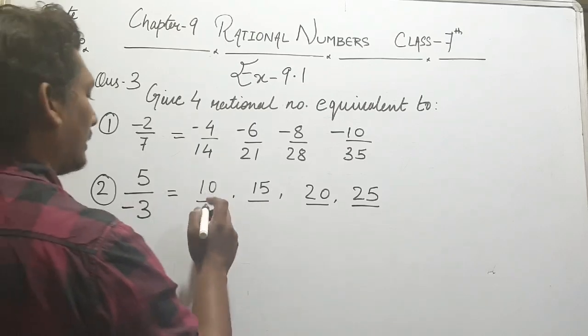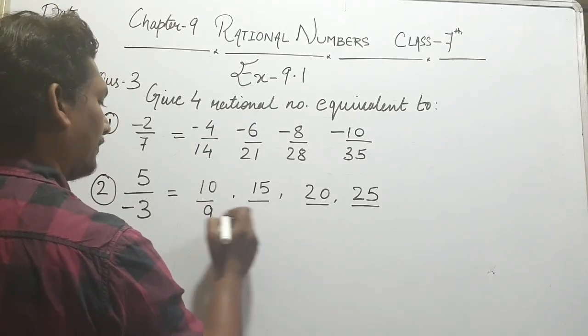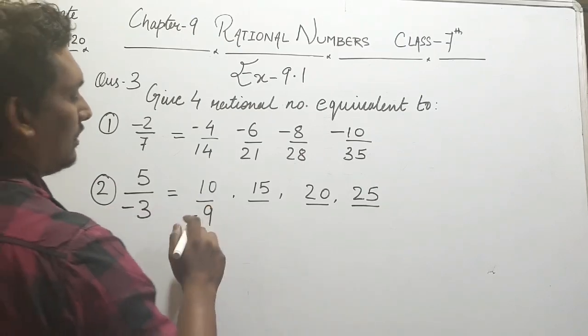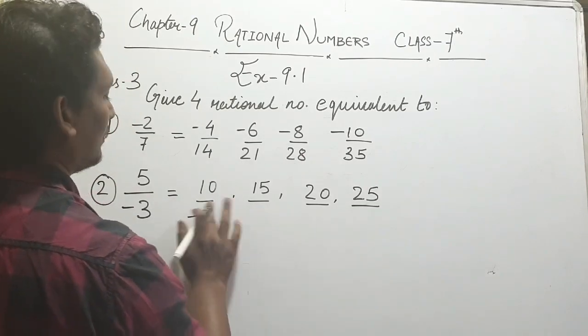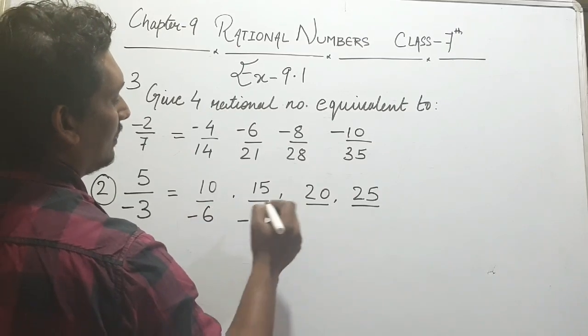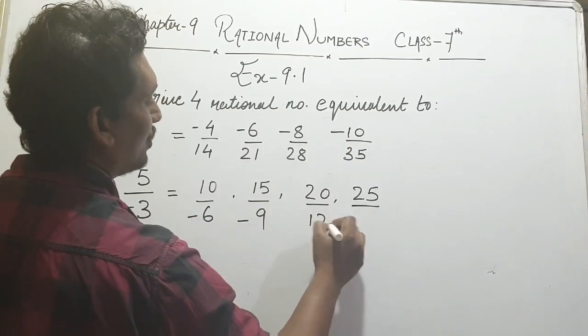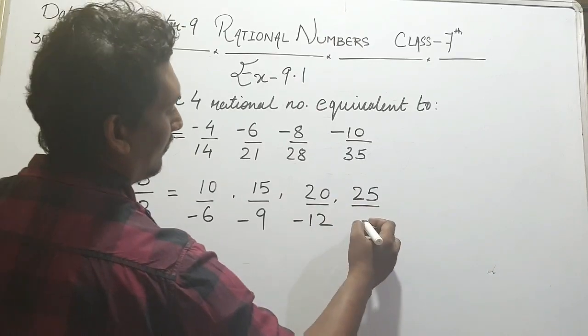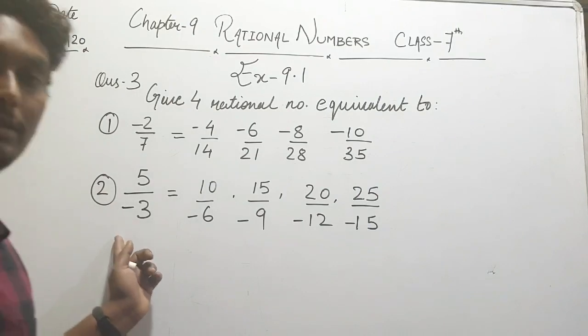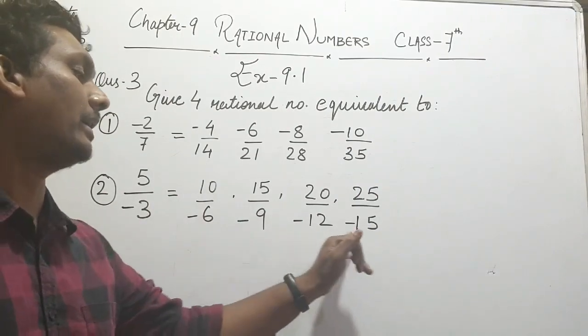So 3 1s are 3, 3 2s are 6, 3 3s are 9, 3 4s are 12, 3 5s are 15. Here one negative sign is there, that's why we have put the negative sign.